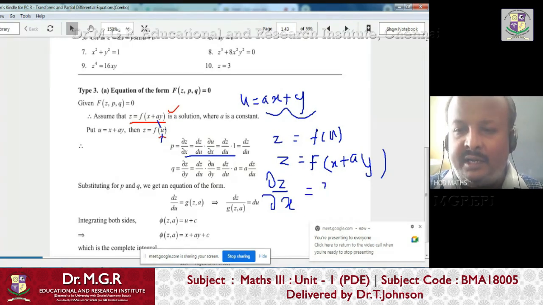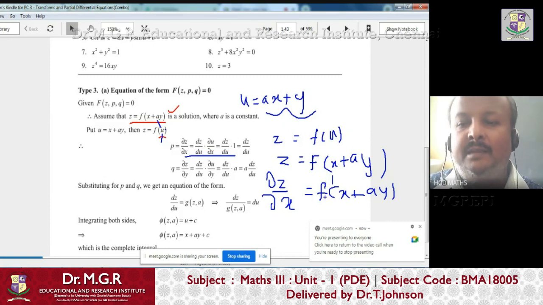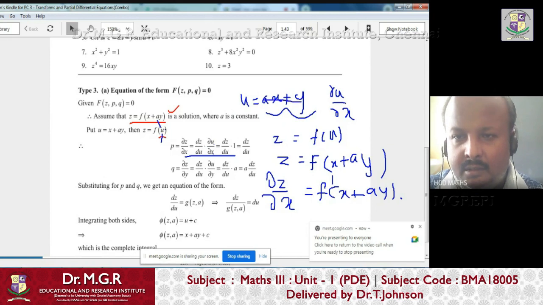So dou z by dou x is nothing but f dash of x plus ay. This f dash of x plus ay is nothing but dou z by dou u, that is, differentiating z with respect to u, where z is f of u, some function of u. If you differentiate that function, it becomes f dash of x plus ay, and then we differentiate u with respect to x. What is u? u is x plus ay. So dou u by dou x.